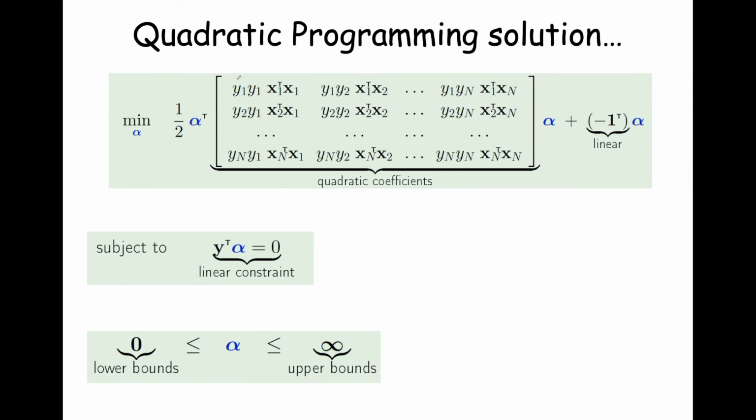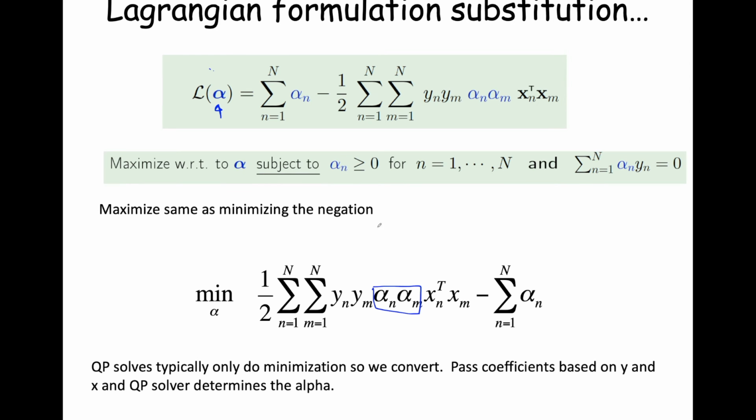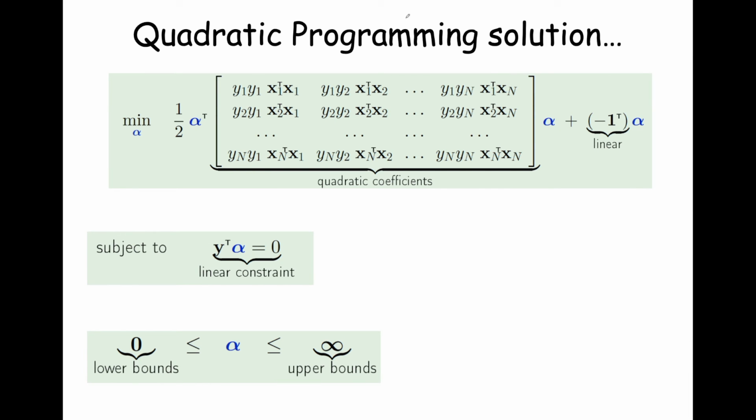And so if we write all of our coefficients in matrix form, this is what it looks like. So we take all of our yn, ym, our xn's, xm's, and we can read those off from the data, and we populate a coefficient matrix. We're going to call that Q, and then we're going to left multiply by alpha, and we're going to right multiply by alpha, and then we're going to encode our linear constraint in vector form.